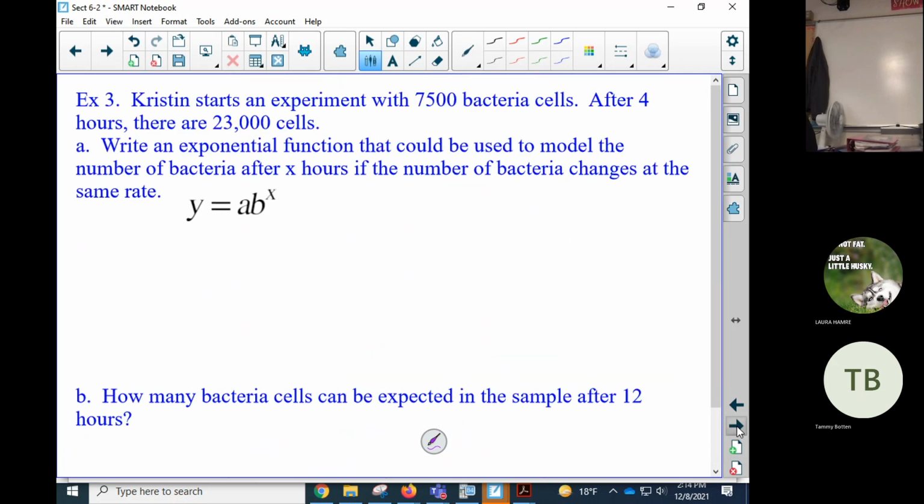So what we're gonna do here is they are giving us, these we do not have to graph. We're gonna first write the equation for it, and then we're gonna solve it for something. So the first thing you wanna do when you look at this is how many bacteria cells is she starting with? And it's 7,500.